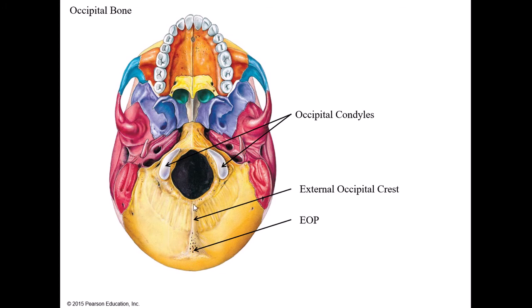Once you get to that big hole, you can run your fingers to the left and to the right. You're going to feel two curved, smooth bones known as the occipital condyles. Just so you know, condyles are always going to form a joint. So these occipital condyles are actually going to sit on our first cervical vertebra known as the atlas.